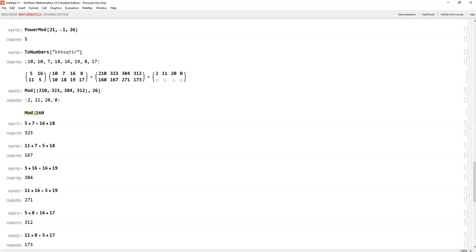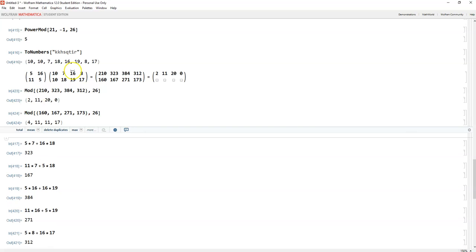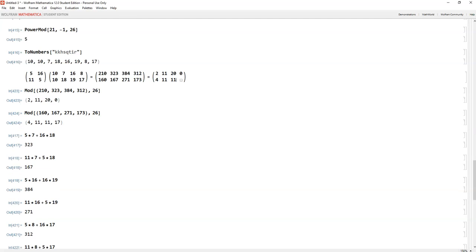16 plus 116, followed by 167, 271, 173, mod 26, 4, 11, 17. Okay, so there is our plain text matrix.